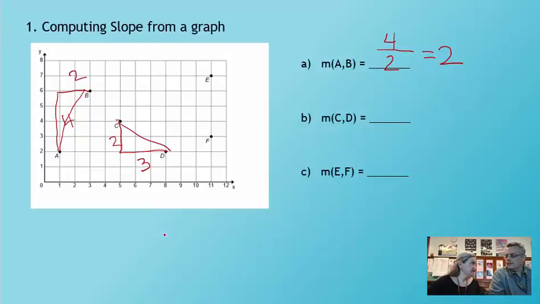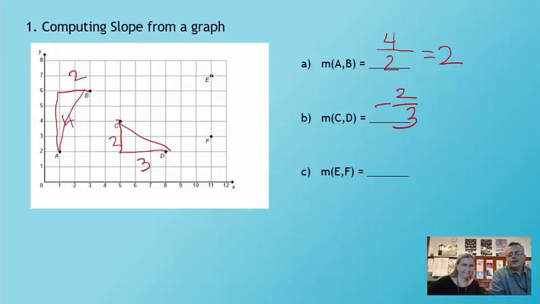But in this case, I went down vertically, so my slope will be negative. It's a good idea, even before you answer the question, to take a look at your line. If it goes down to the right, that tells us our slope will be negative. So negative 2 over 3, again rise over run.